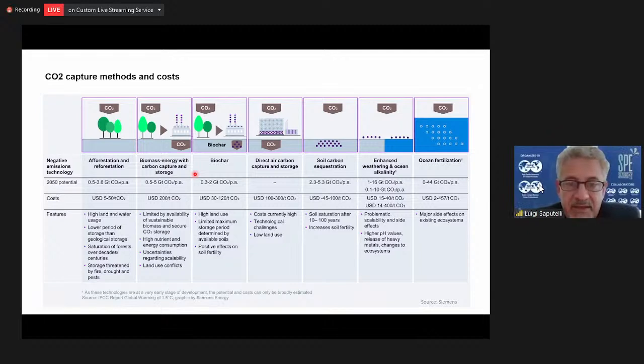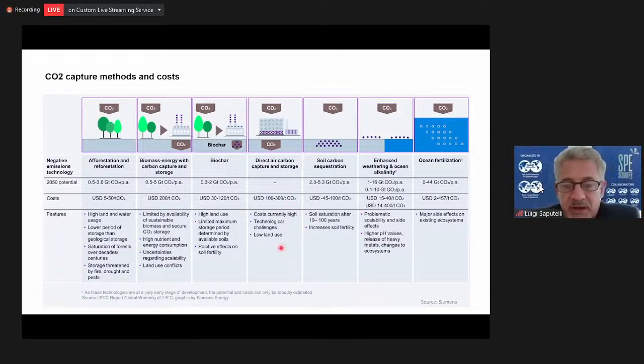Direct air carbon capture and storage is basically the current technology. The potential is infinite. That's why we don't put it in here. The cost is very high, between 100 to 300.